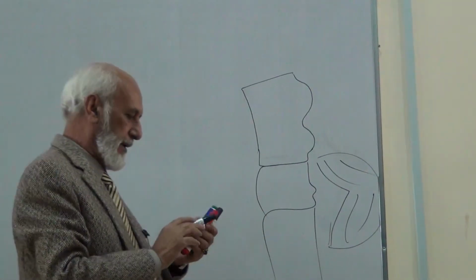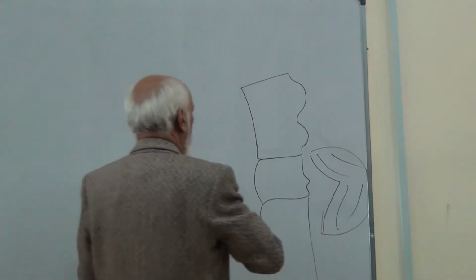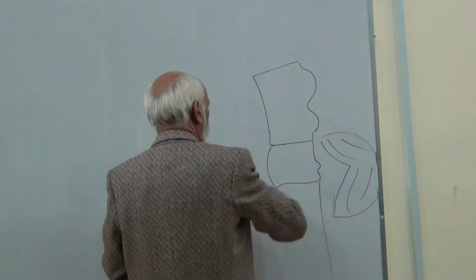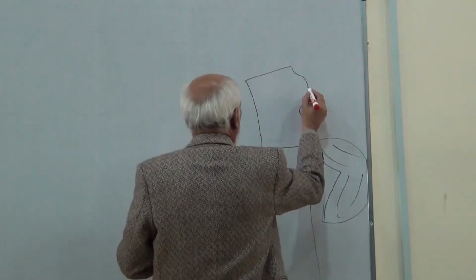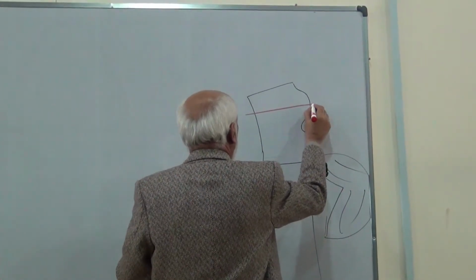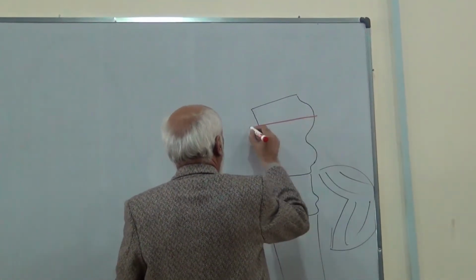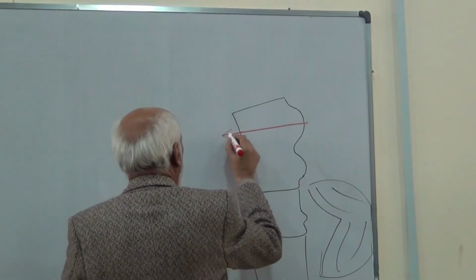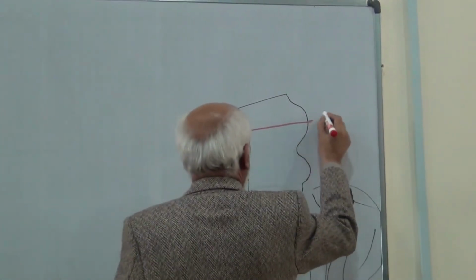Lateral view of the midbrain showing superior colliculus and inferior colliculus. So this is a section through the midbrain at the level of superior colliculus.